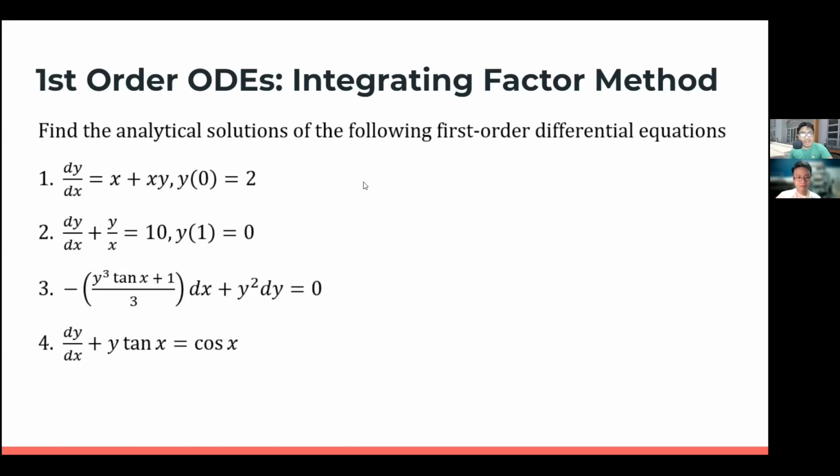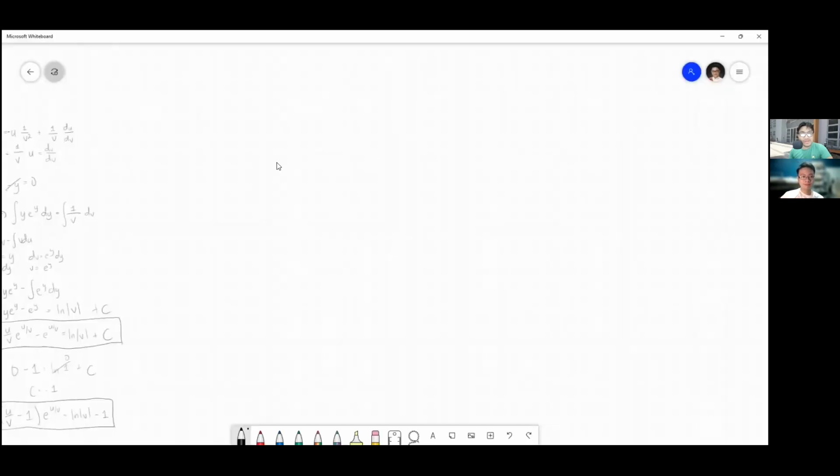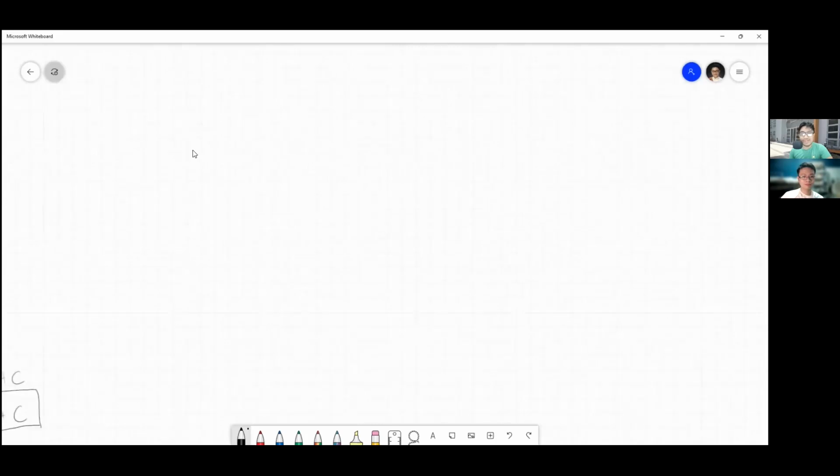So, yung form ng solution niya, okay? So, kunwari given tayo ng first order na ODE siya, meron siyang form na... okay.